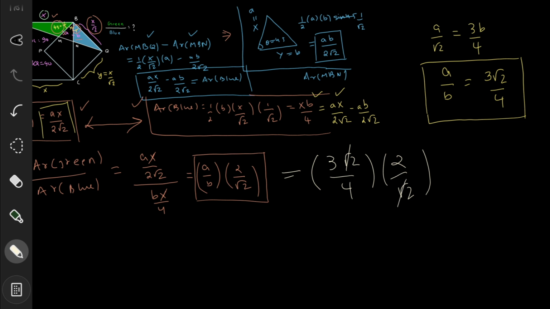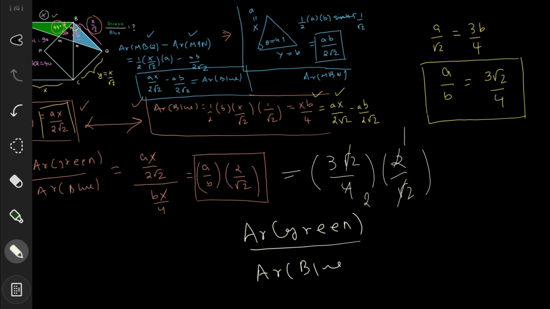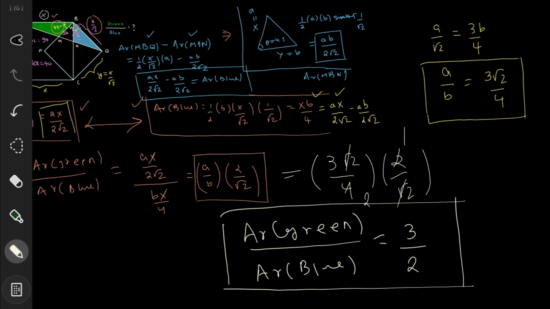Square root 2 got cancelled out from the numerator and denominator, and this thing goes as 2. So finally, the area of the green region upon the area of the blue region is equals to 3 upon 2. And that's the answer that we were looking for.